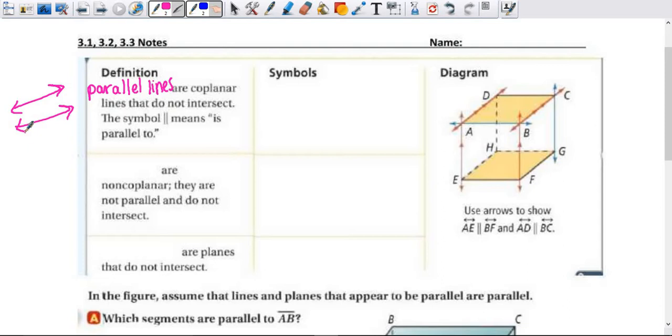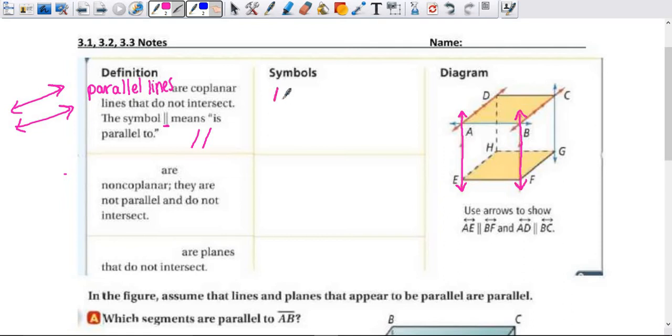Now this symbol, the two lines, sometimes they're a little slanted. If they look like parallel lines, that means "is parallel to." So if we're looking at this diagram over here, let's give some examples. I've got AE right here. Which one would be parallel to AE? Which one would not intersect with that? An example would be BF.